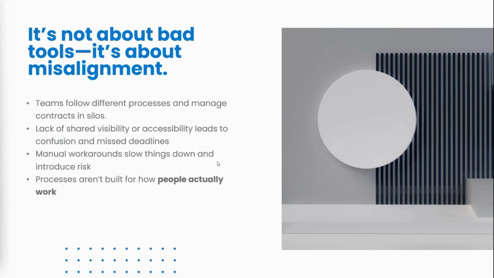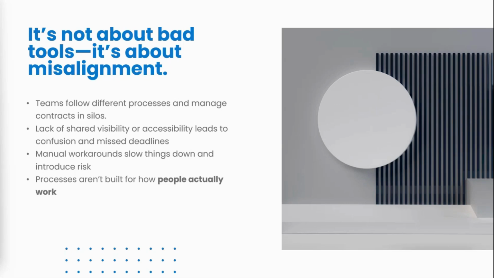All right. So why do contract processes break or fail? It's not about the tools that you have in place. It's more about the misalignment between the people and the processes. Teams, as in, you folks across different departments that are part of the contract process, or at least need to touch a contract, follow different processes and manage contracts in silos.